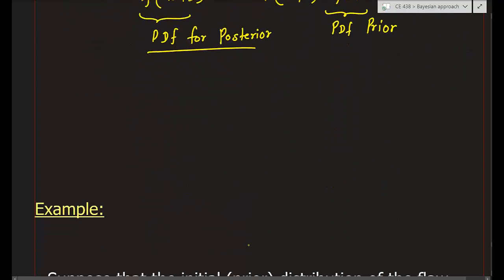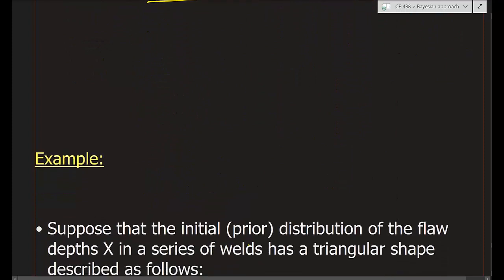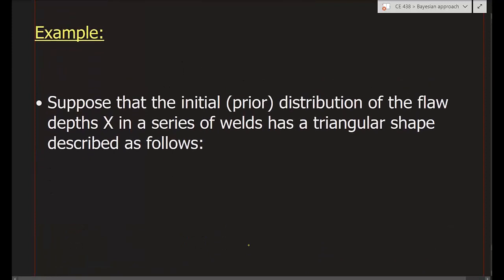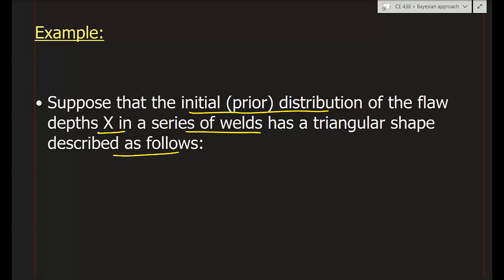So let us illustrate all this using an example. Suppose this is the problem for the belt defect. The initial prior distribution of the flaw size of depth x in a series of belts has a triangular shape, described as follows. We have tested a large number of belt defects and found that a triangular distribution fits, and we can write it in mathematical form.